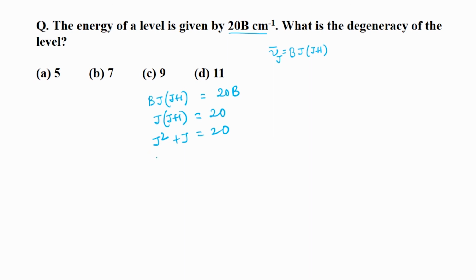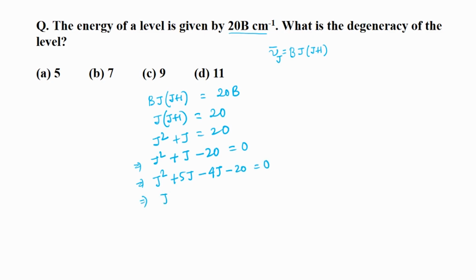So, we can write j squared plus j minus 20 equals 0, or I can further write j squared plus 5j minus 4j minus 20 equals 0.